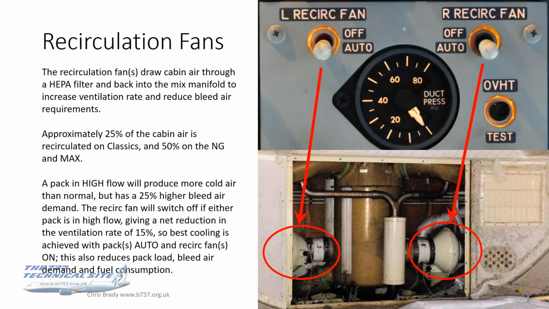The recirc fan will switch off if either pack is in high flow, and that gives a net reduction in the ventilation rate of 15%. So in actual fact, best cooling is achieved with the packs in auto and the recirc fans on. This also reduces the pack load, bleed air demand and fuel consumption. So bottom line, packs auto, recirc fans on. That's the config that you want.